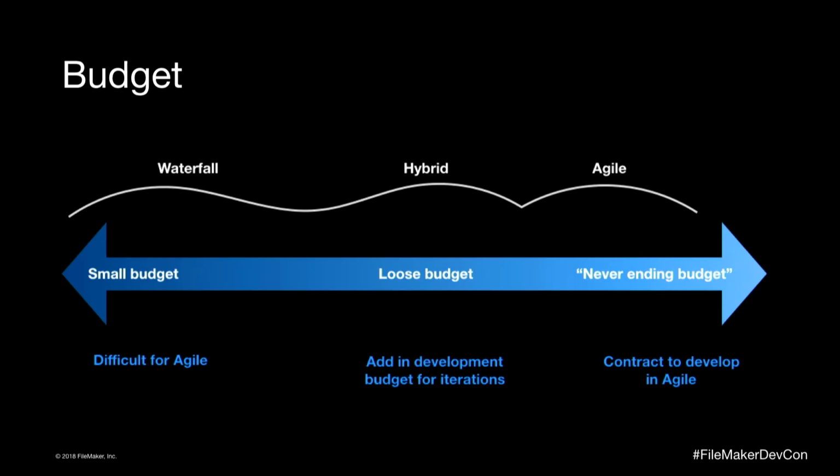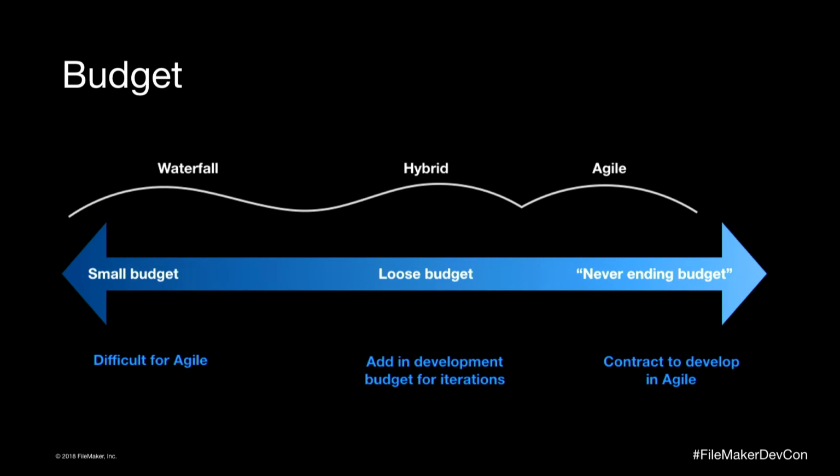So budget here. Again, we have a continuum here where we have anywhere from a small budget to a never-ending budget. And when we talk about budget here, it's really about the amount of money that the product is going to cost. It's not really about the time that all of your key players are in the room talking, because that, in a sense, is costly to the client that you're working with. But right now, we're just discussing the budget for what you're building.